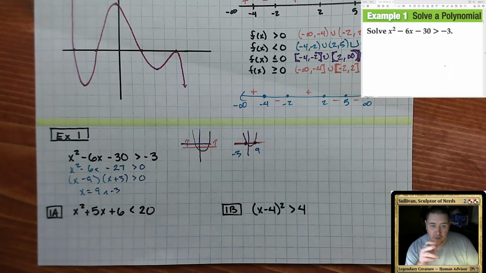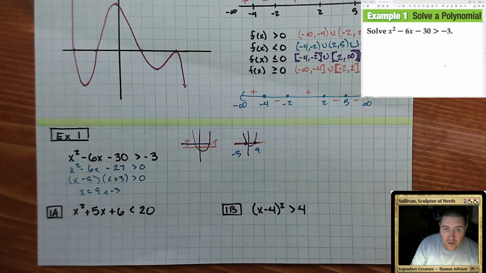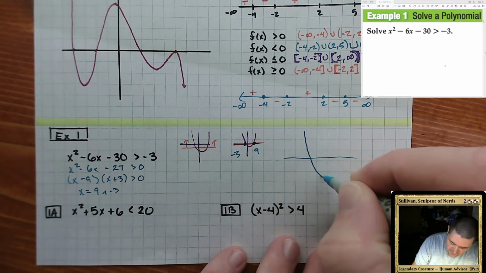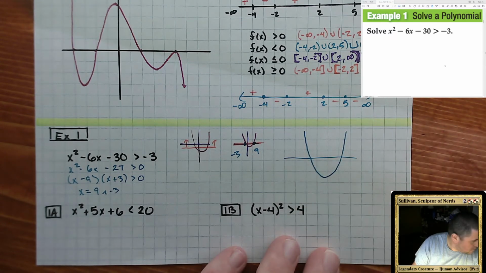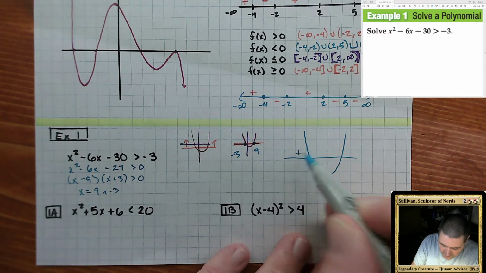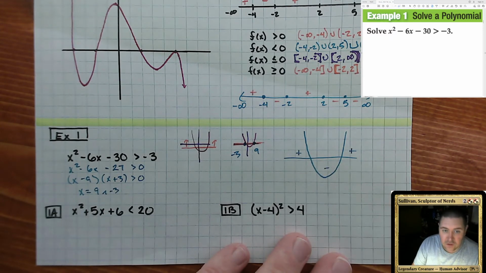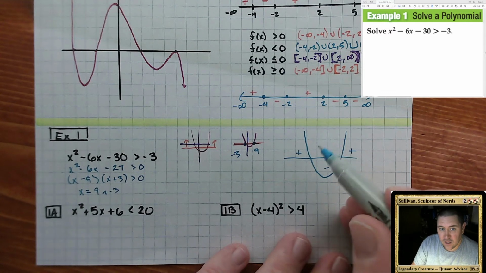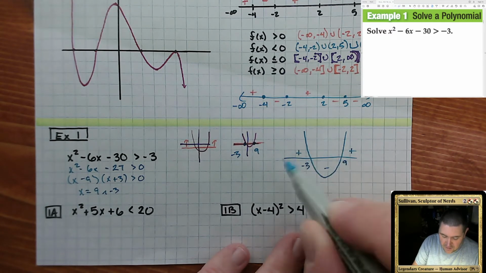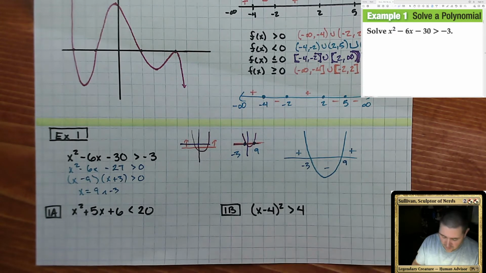Now the reason that I have that graph over to the side is because if I were to actually graph this, well, why would I need to test the regions when I can just physically look at it and see that before -3 and after 9 it is above the x-axis?